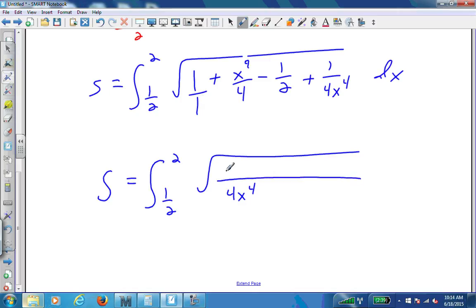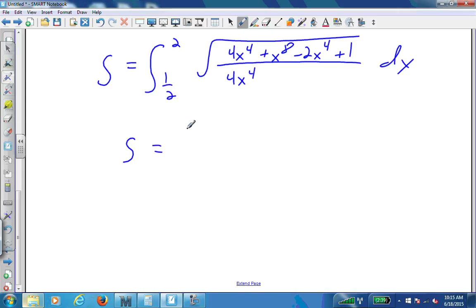So this one is missing all of that, 4x to the 4th. This one is missing an x to the 4th. We already have an x to the 4th on top, so if we multiply top and bottom by x to the 4th, that gives us x to the 8th. This one is 2. We need to multiply it times 2x to the 4th on top and bottom. This one has it all, so plus 1 dx.